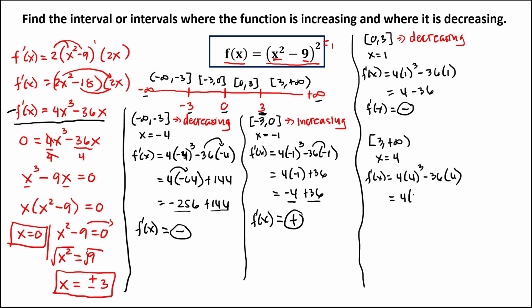This becomes 4 times 64 minus 144. Then 4 times 64 is 256, so 256 minus 144. So the first derivative is positive. Since it is positive, this function is increasing.